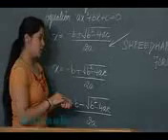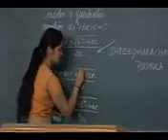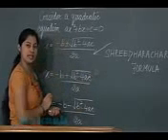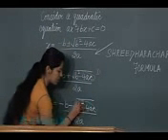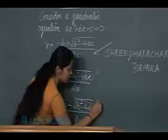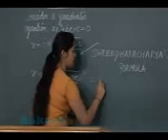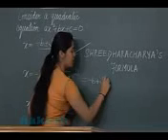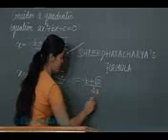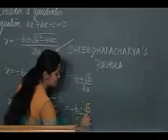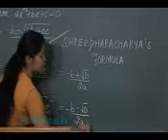Now students, we denote this b square minus 4ac by capital D. So the roots become minus b plus root D upon 2a and minus b minus root D upon 2a.